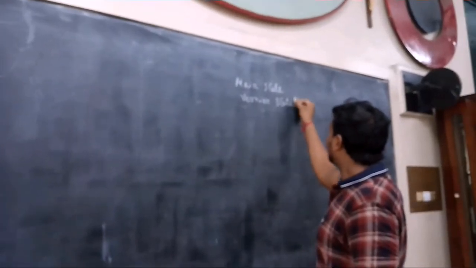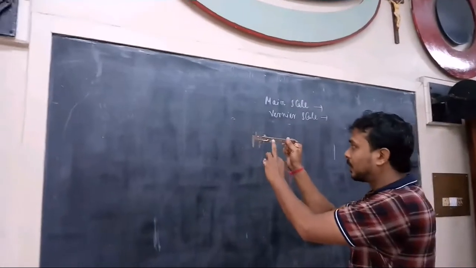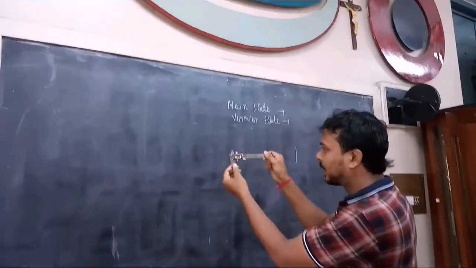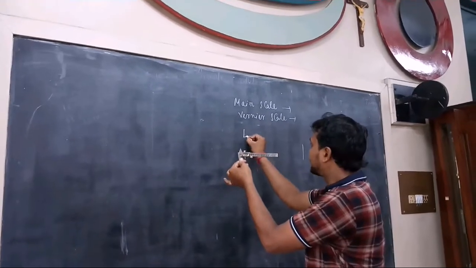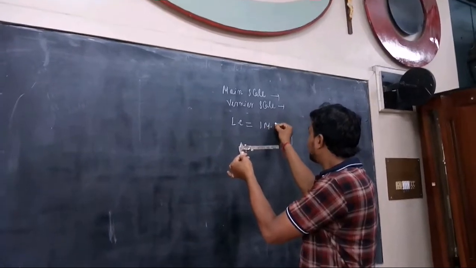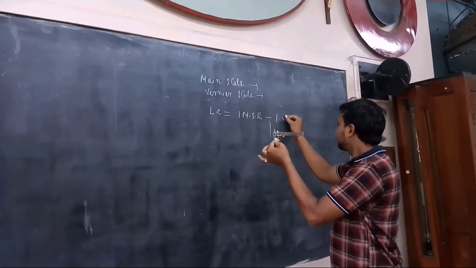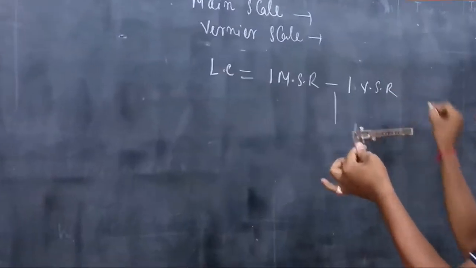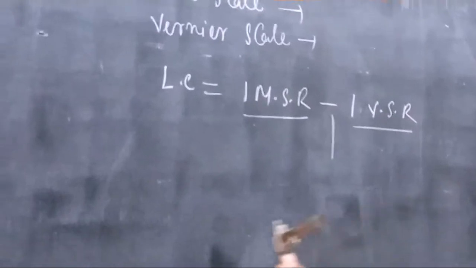To calculate the least count we have one formula: one main scale reading minus one vernier scale reading. So you have to know one main scale reading and one vernier scale reading.